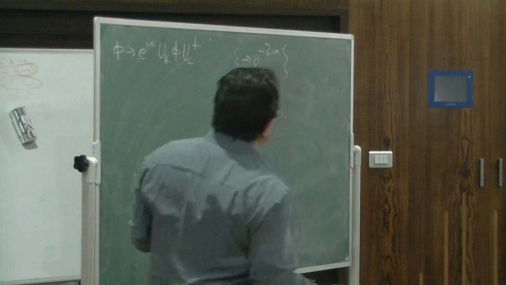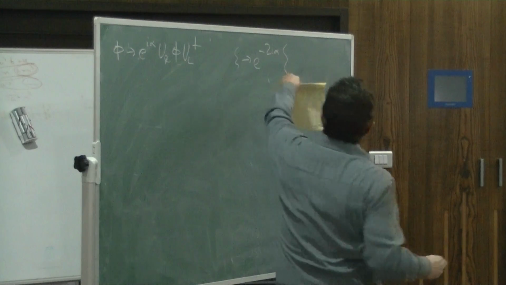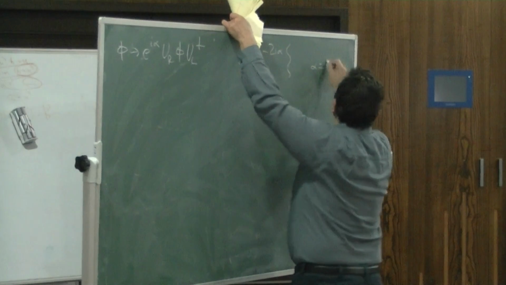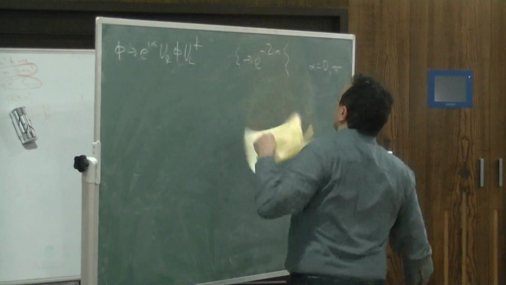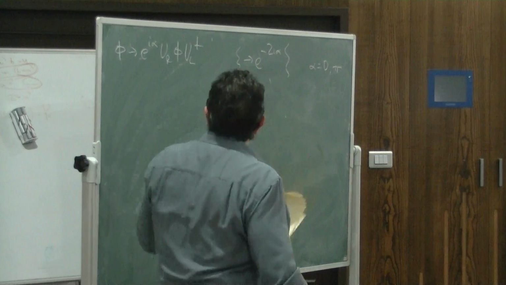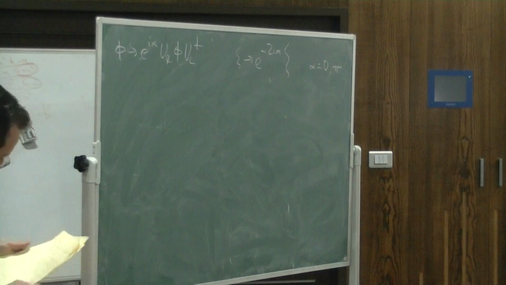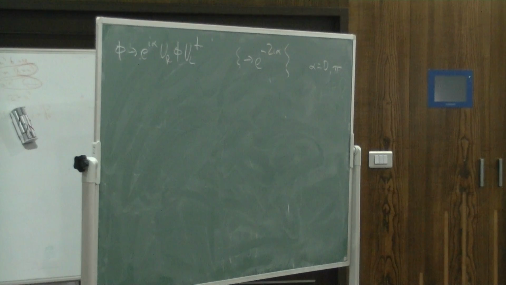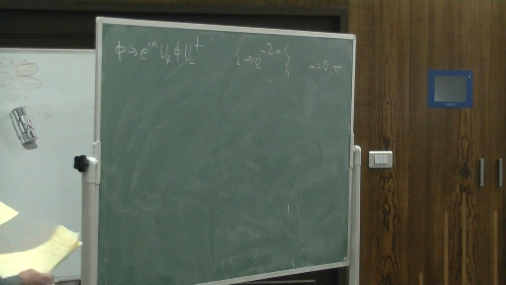So here the Z2 symmetry just means if I choose alpha equal to 0 or pi, this field is invariant.